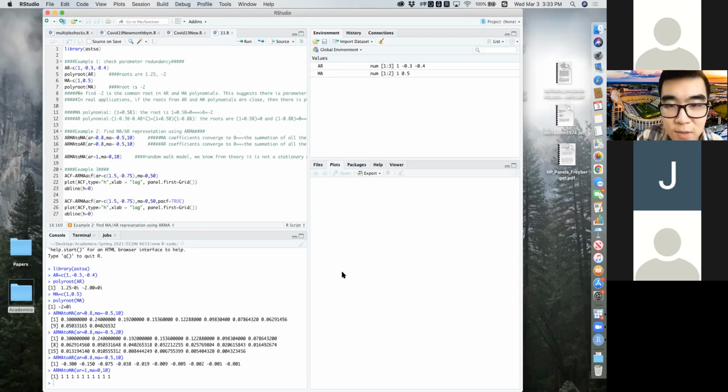The answer is true. The reason is that this 0.1 is less than 1. So very straightforward, I think.